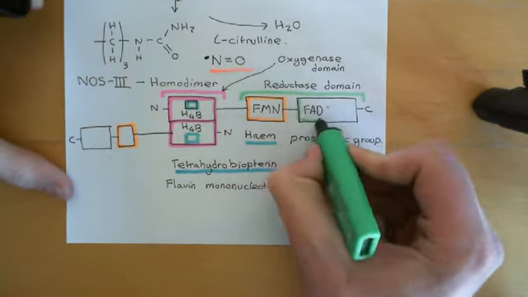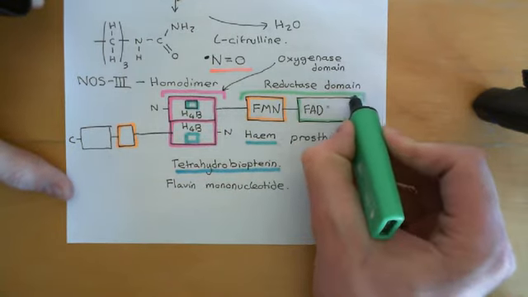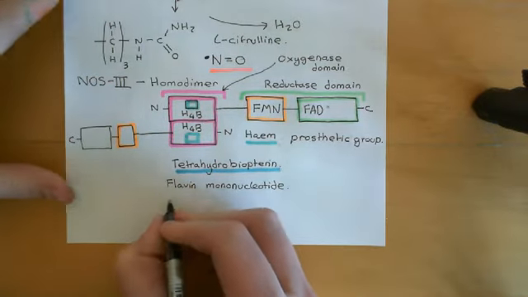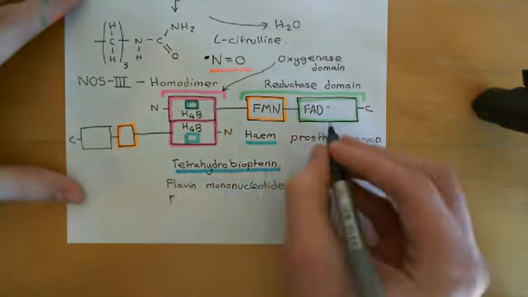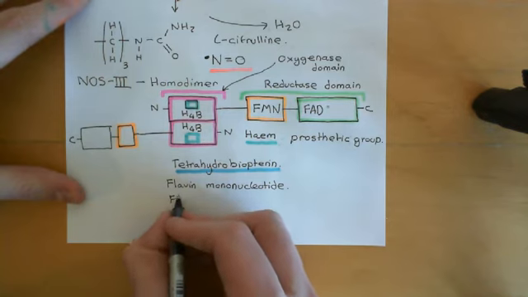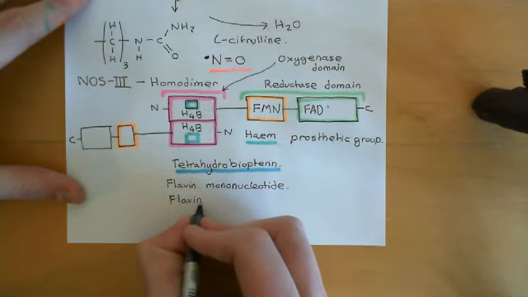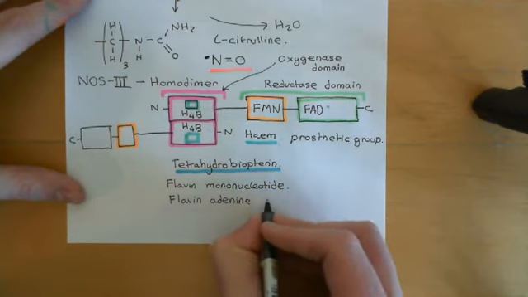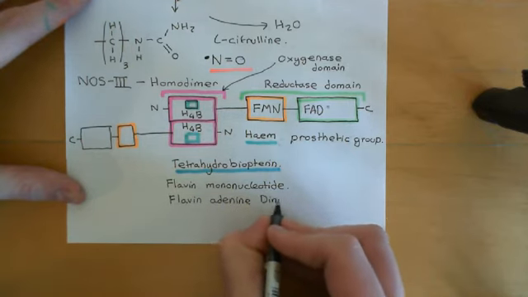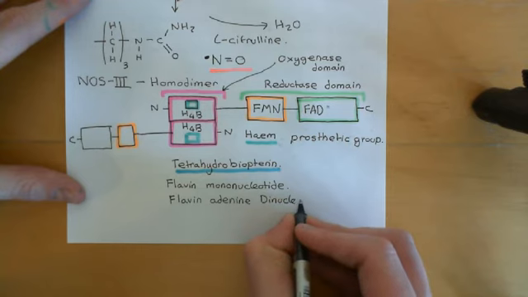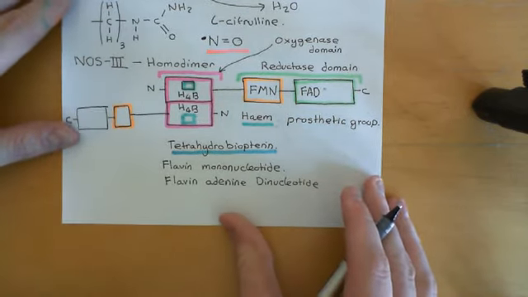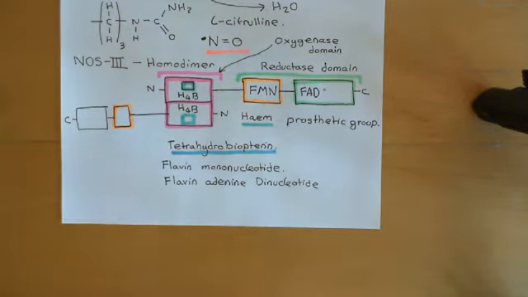So this green portion, which is the portion of the reductase domain closest to the C-terminal tail here, is FAD. Now this is also another electron carrier. This is flavin, that's the F, and then the AD is again for adenine dinucleotide. So again, these are very related to the NAD and NADP that we saw earlier. So again, that's an electron carrier.